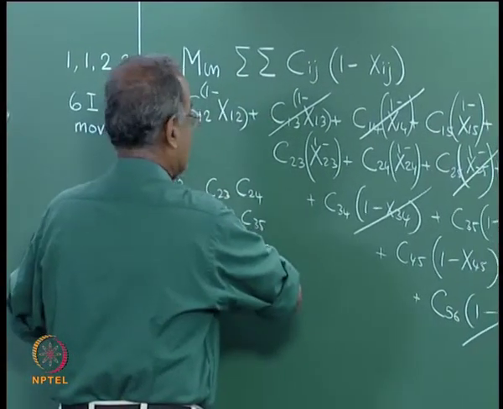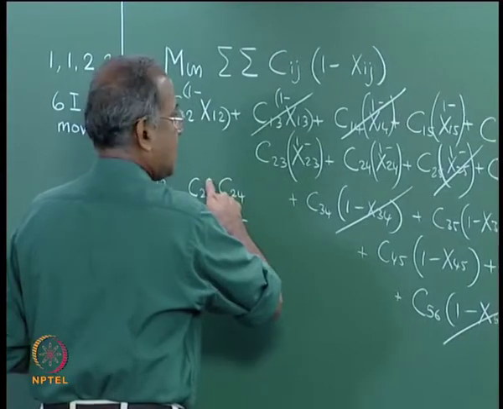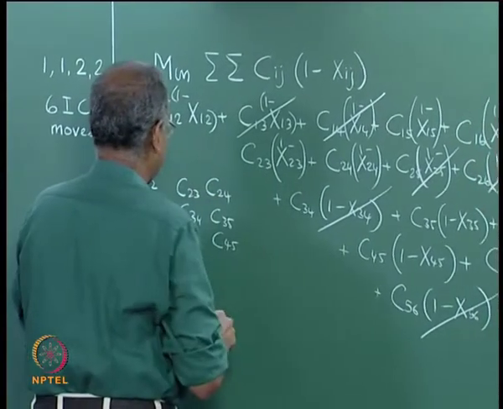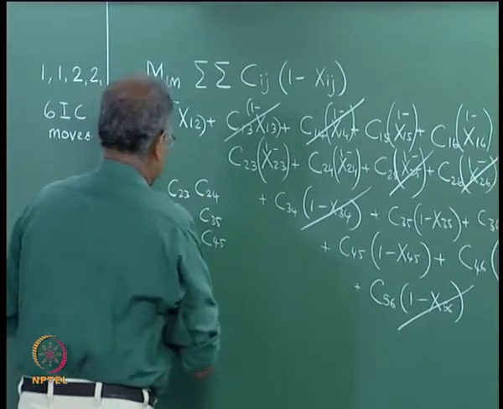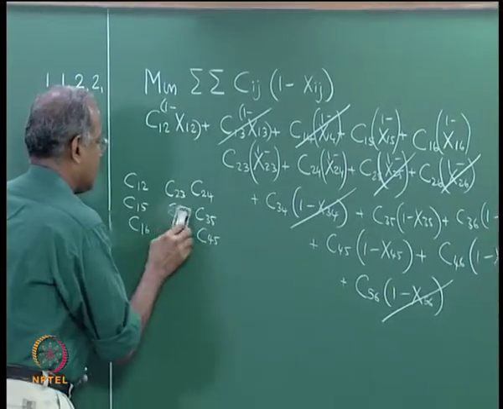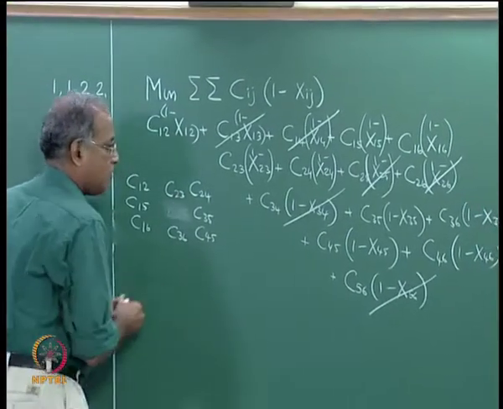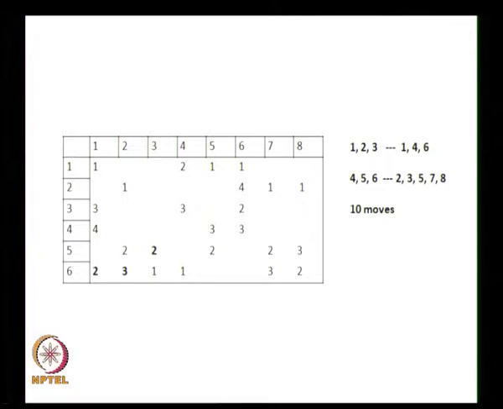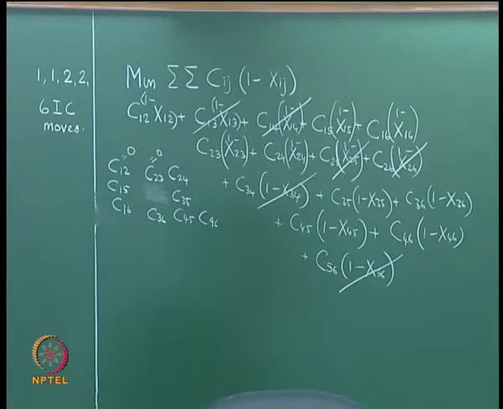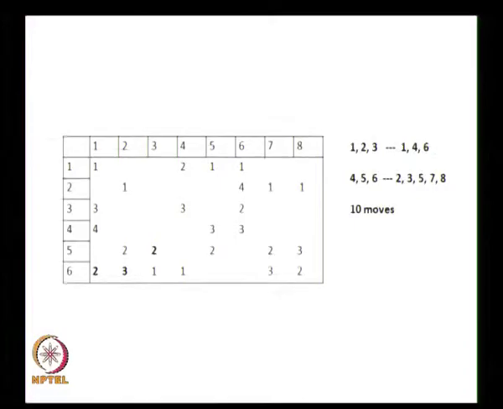There is no C34. So these are the things we have to compute, and these will add to the objective function. So we go back to the initial matrix.